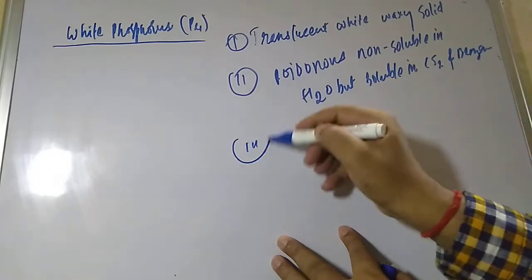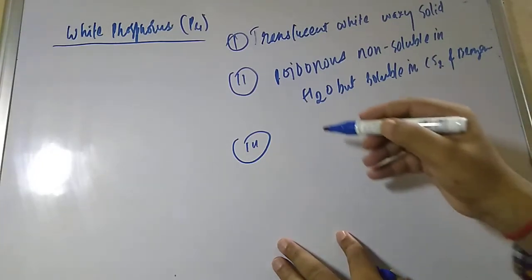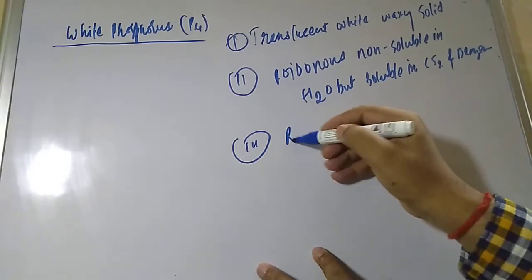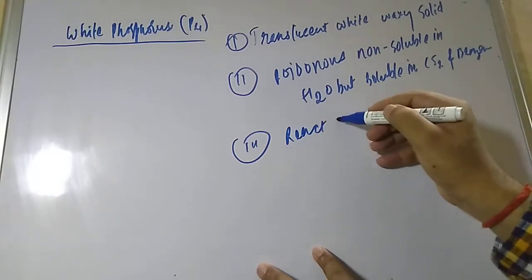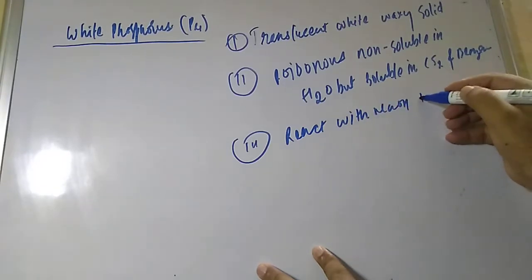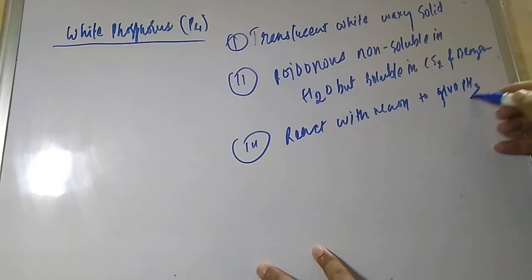And the third point: it reacts with alkali to give PH3. It reacts with NaOH to give PH3, an important compound.